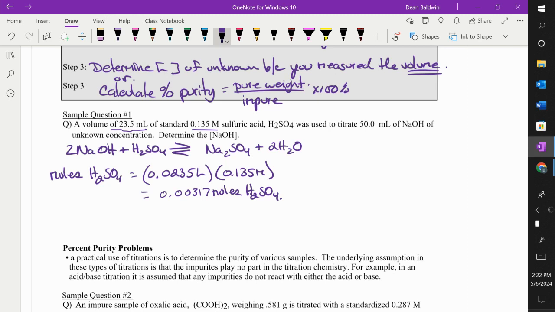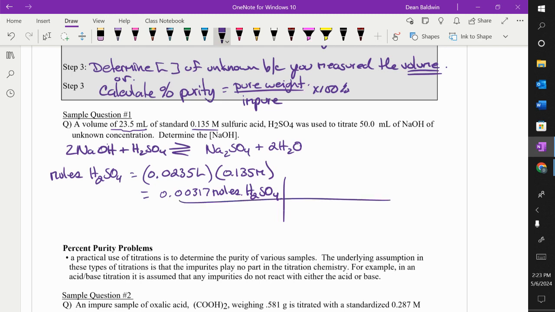How many moles of NaOH do we have? 2 times that, right? Because it's a 2-to-1 ratio. I don't know what I'm saying right now.